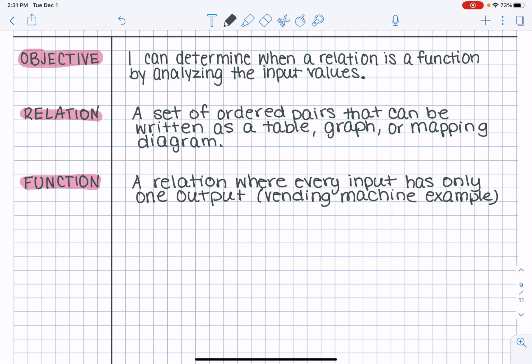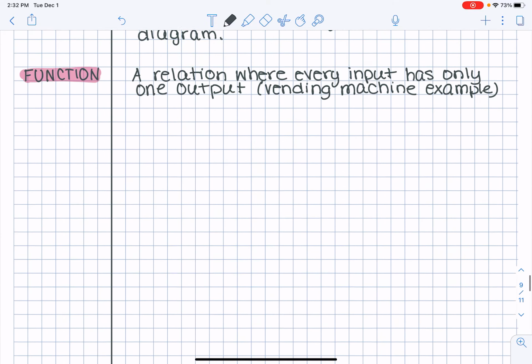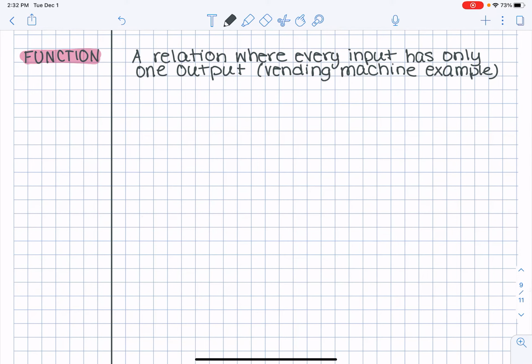Okay, so what we're going to do right now is we're going to draw some examples of ordered pairs, tables, graphs, and mapping diagrams that are functions and not functions. So I'm going to draw a line that goes all the way across.